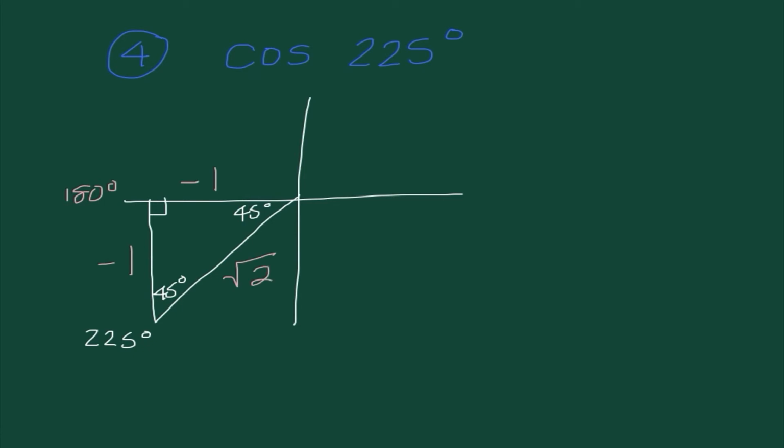My hypotenuse is radical 2 because we know the hypotenuse is always positive. Once I have my triangle drawn out, now I just need to focus on cosine. So I'm going to do cosine of 225. Cosine is adjacent over hypotenuse, which is -1 over radical 2, which I would write as negative radical 2 over 2.